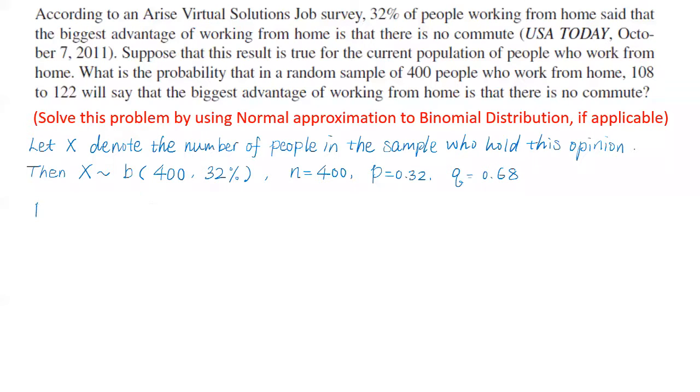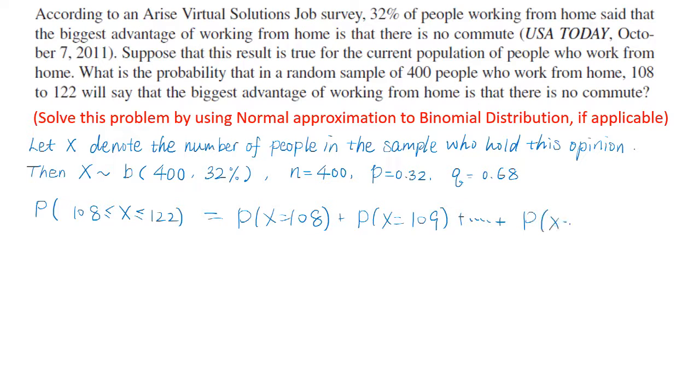And actually, it asks us to find a probability that X lies within 108 and 122, right? If we use binomial distribution to find this probability, that means we need to calculate X equals 108, plus X equals 109, and of course X equals 121 and X equals 122.